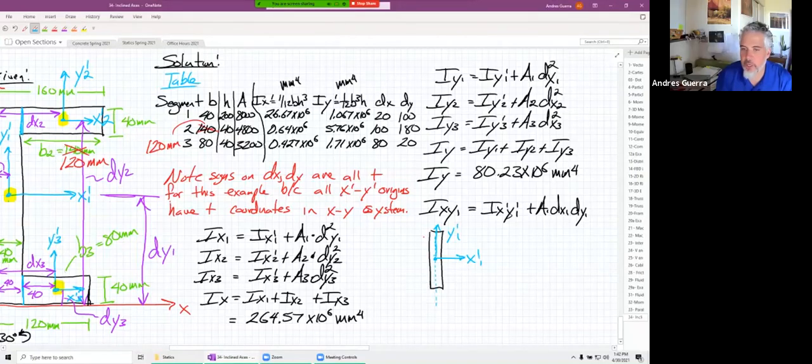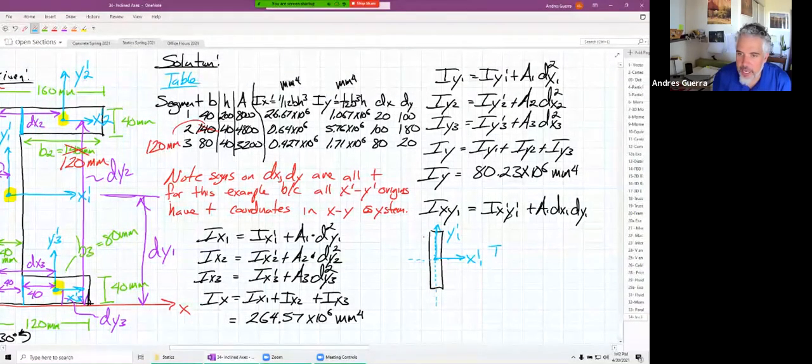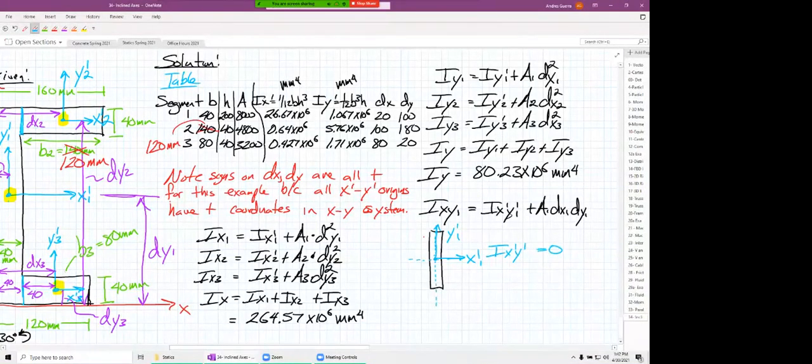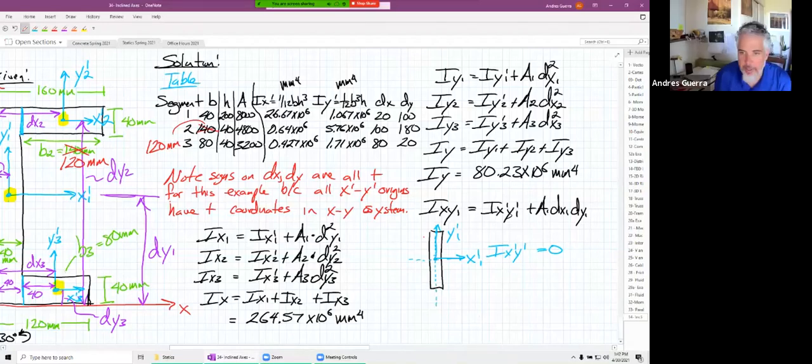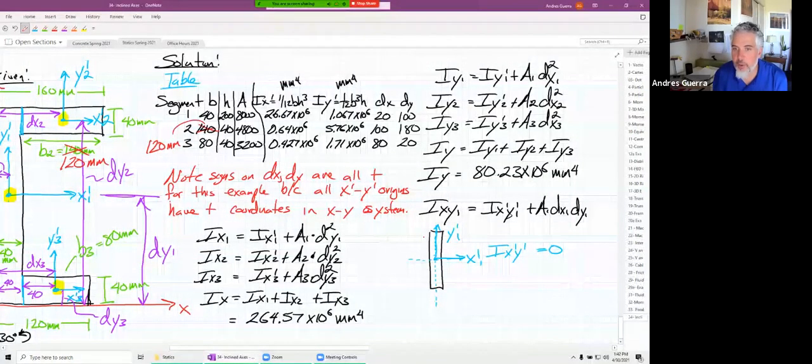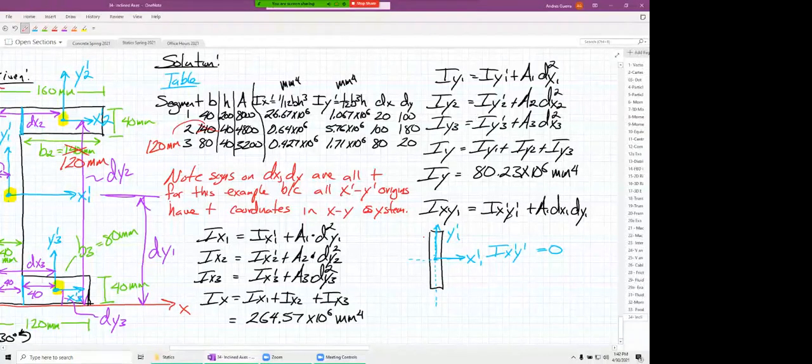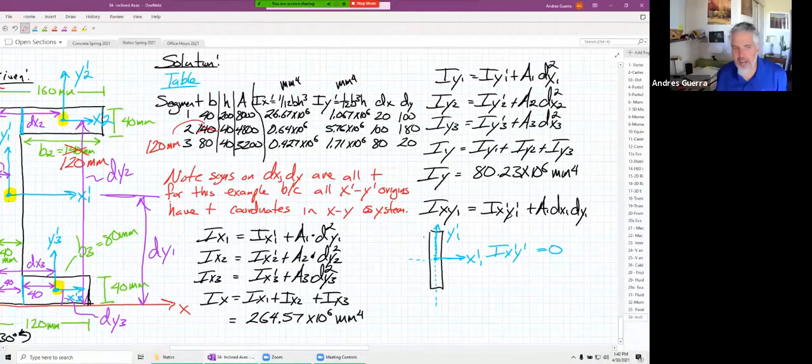Do we have symmetry? Yes. So anytime we see symmetry, that means that IX prime Y prime, about that central axis, is equal to 0. Okay, good. That's really important, and it is difficult to understand because you're like, but we're finding it about the red axis, or there's other issues going on, right?